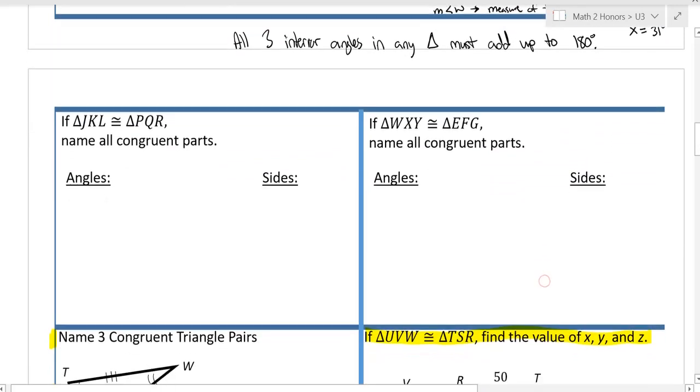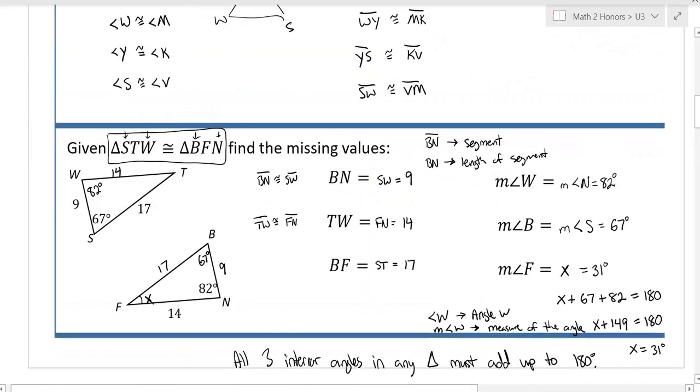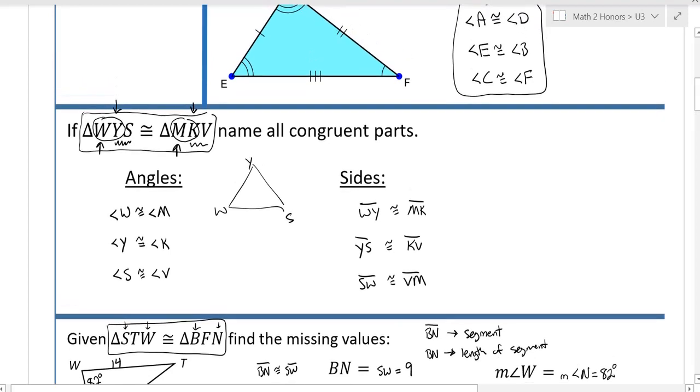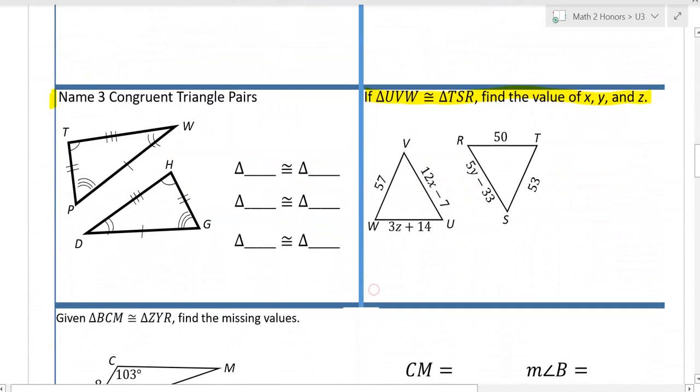So the next page is going to be part of your homework, and mostly it's what we've been doing. So you have name all the congruent parts. That's just like what we did in this problem here. Okay. Then you have name three congruent triangle pairs, and so remember, if I start with the top triangle, I can name it differently.